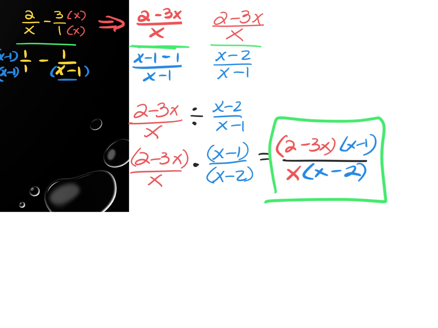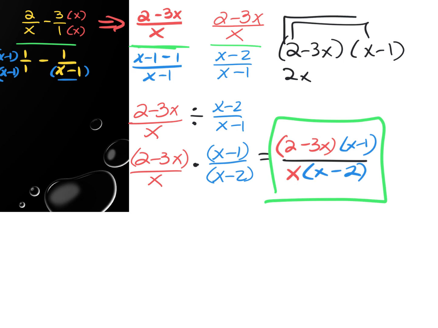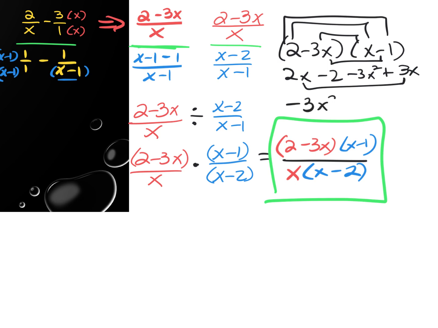So if I foil the top, so the 2 minus 3x and then the x minus 1, first gives me 2x, outside gives me negative 2, inside gives me negative 3x, and last gives me 3x squared, positive 3x. So now if I combine these like terms, then I'm left with, in standard form, negative 3x squared plus 5x minus 2. That's the top foiled.